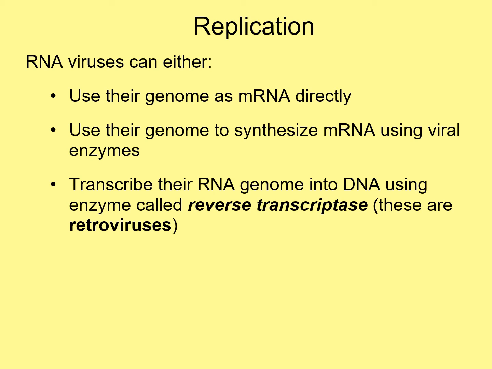And then I can get the cell to read that DNA and make messenger RNA, right? And you see where I'm going, right? Go to the ribosomes and make the capsid proteins as well as those surface recognition proteins that you're going to need for your viral envelope when you leave. So these are retroviruses.